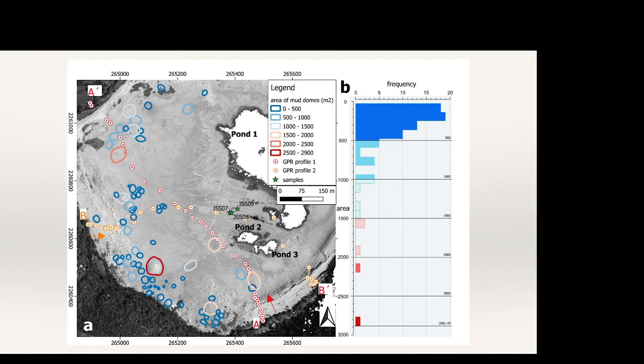One of the side effects of the land subsidence is that the compression or the compaction of the sediment provoked the formation of several domes of mud, or let's say mud volcanoes, that have different sizes in the central part of the crater.